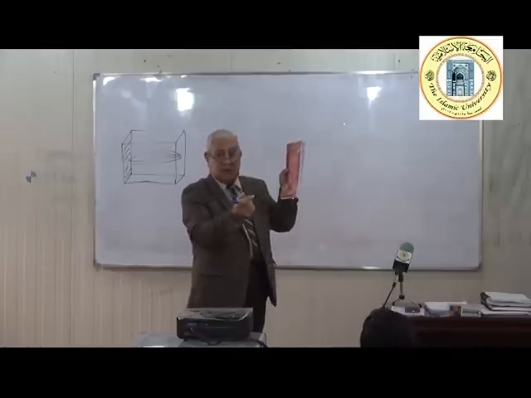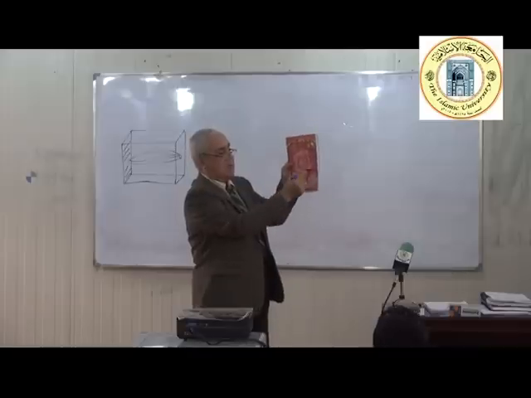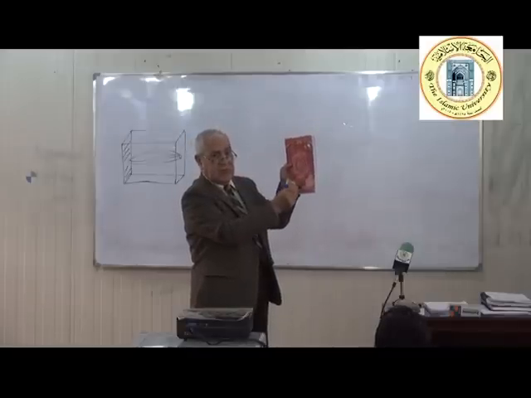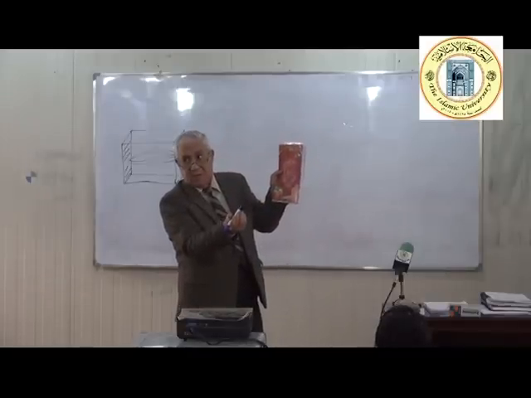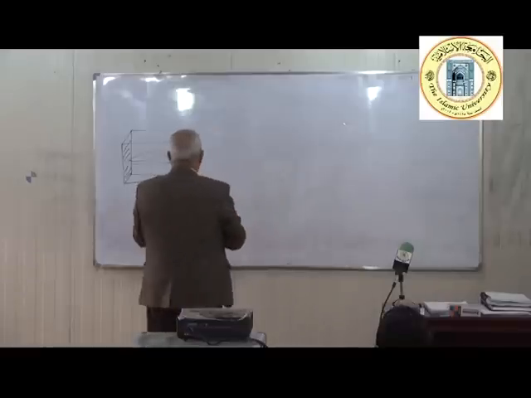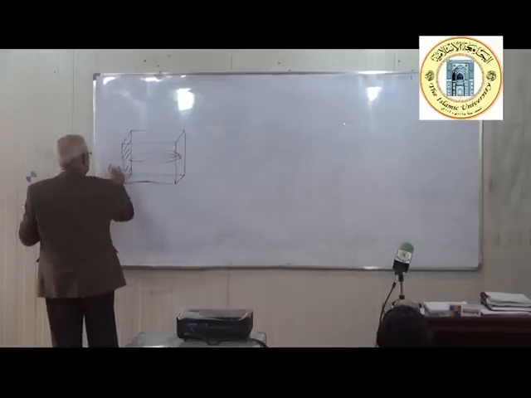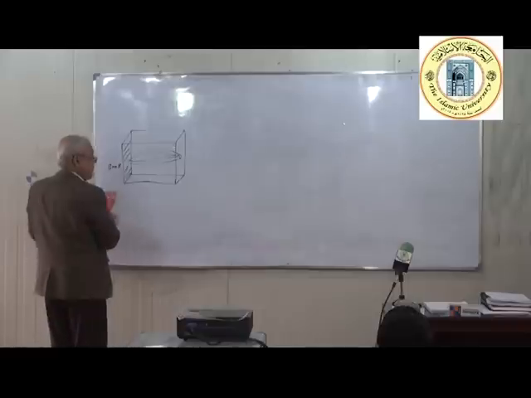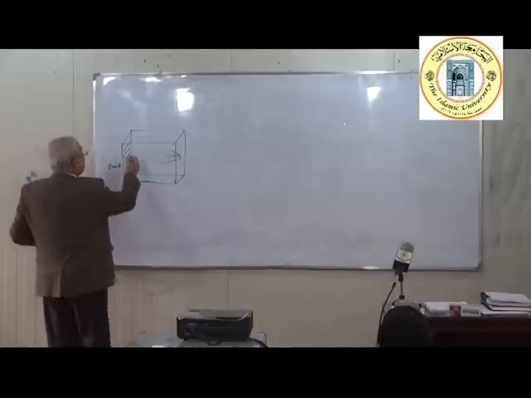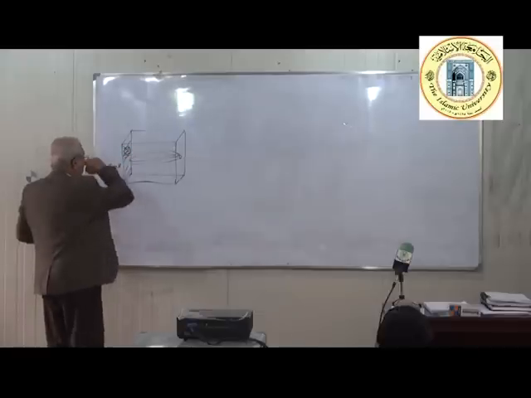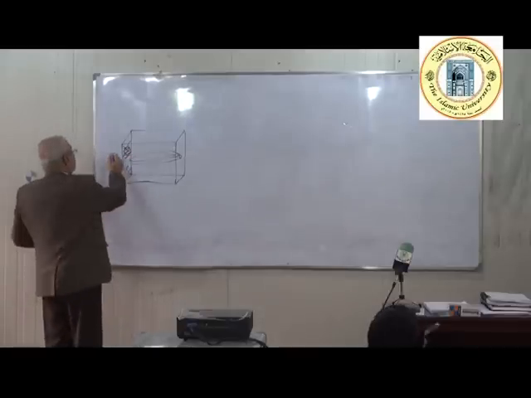The temperature of the surface area facing the flame will be very high. Let's say here it is about 800 Kelvin, while this place here will be about, let's say, 500 Kelvin.